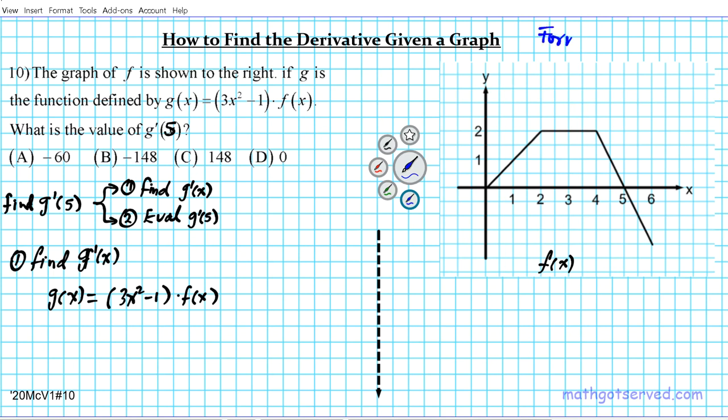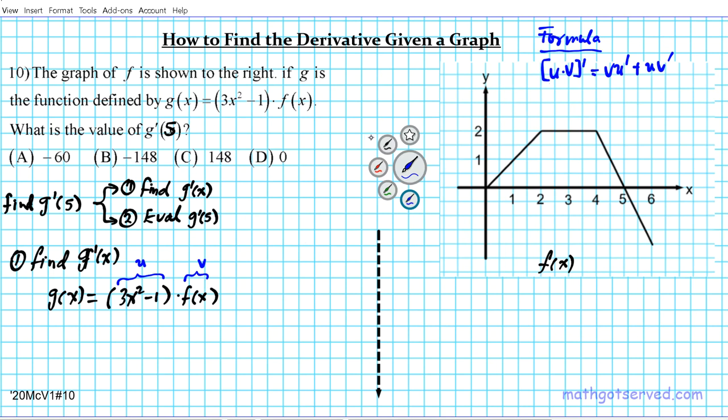Let's review what the product rule is real quick. If you have the product of two functions, u and v, and you want to find the derivative, it is vu prime plus uv prime. In this situation, this quadratic binomial will be our u, and the function f of x will be our v.